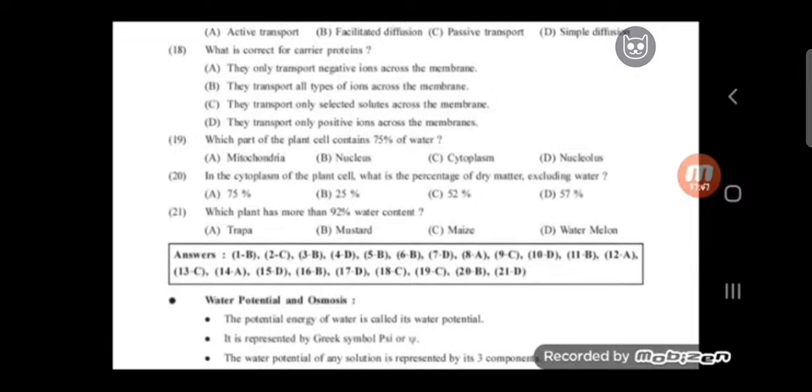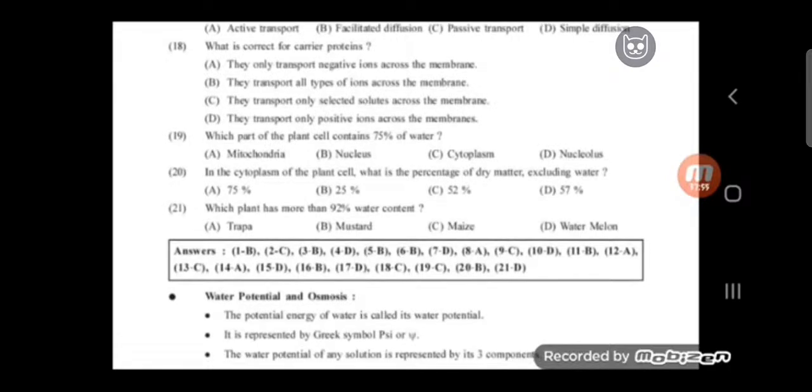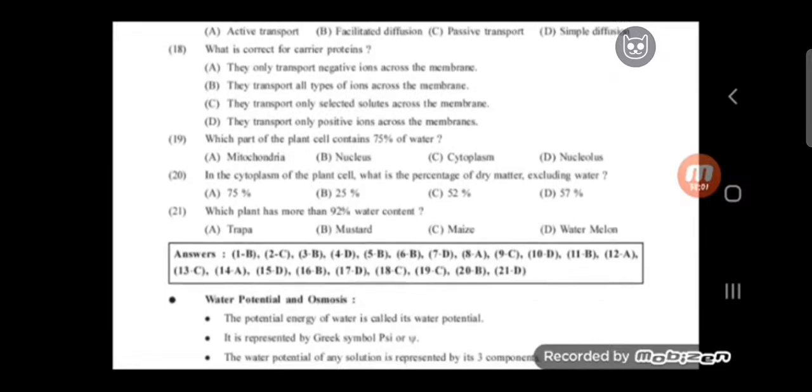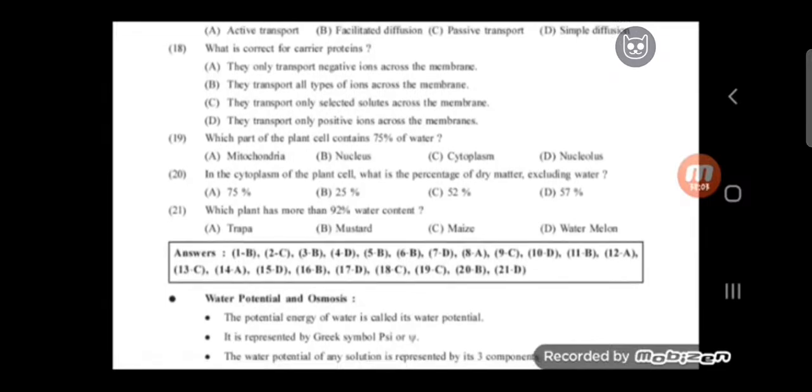Next, question number 20. In the cytoplasm of the plant cell, what is the percentage of dry matter excluding water? Option A 75%, option B 25%, option C 52%, or option D 57%.